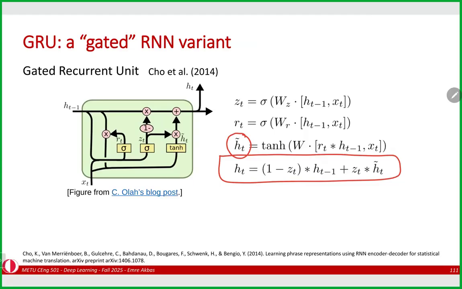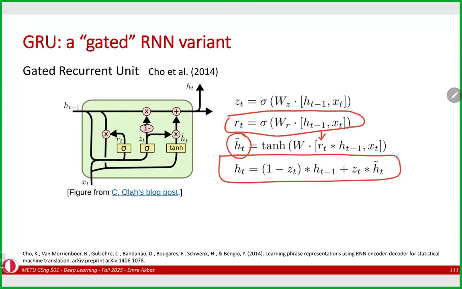I don't understand what r_t is. r_t is an intermediate variable that they compute, and it is used here. It's still a calculation. Why do you multiply r_t in previously?